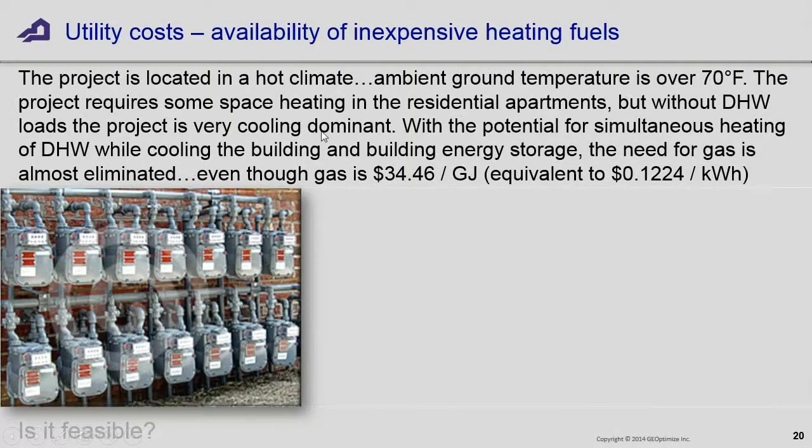Utility costs. Again, that's something you don't have a whole lot of control over. In this case, this project was done in a fairly hot climate. Ground temperature is over 70 degrees.